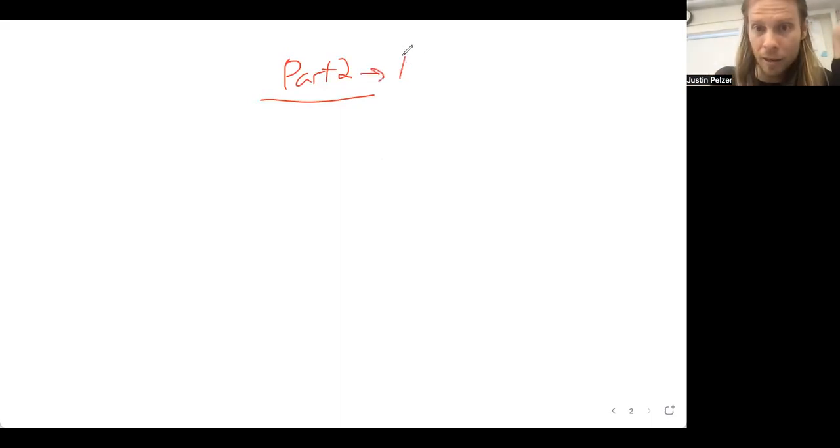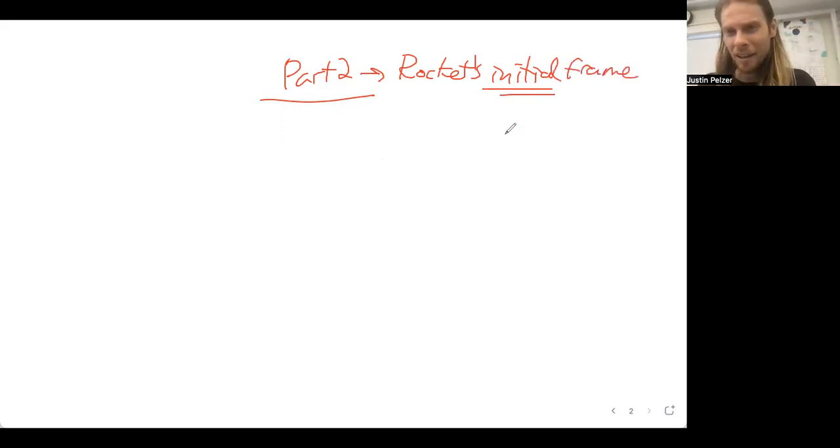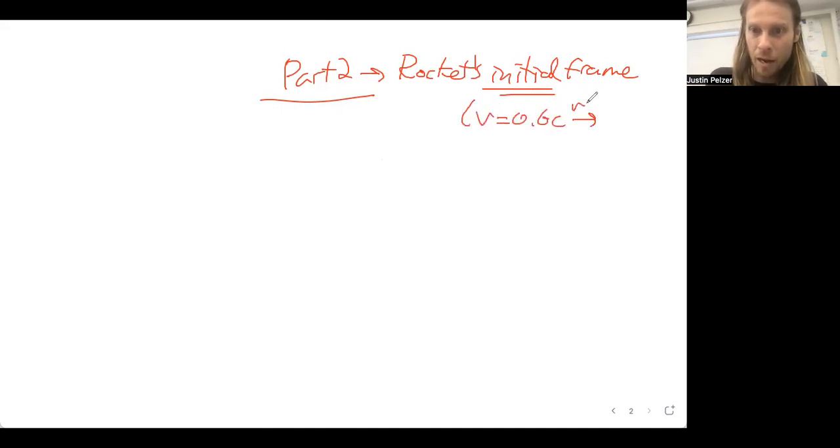Part 2 is the rocket's initial frame. Initial is the whole point. And you guys remember from class, that's the whole solution to this paradox, is that the reference frame changes for the rocket. So v equals 0.6 c to the right, we're going to have an eyeball in space. This is my eyeball.